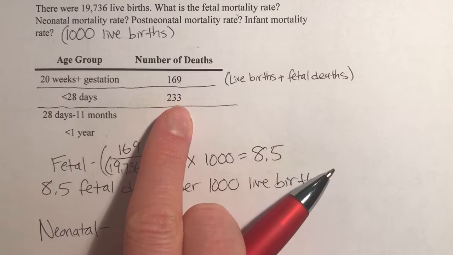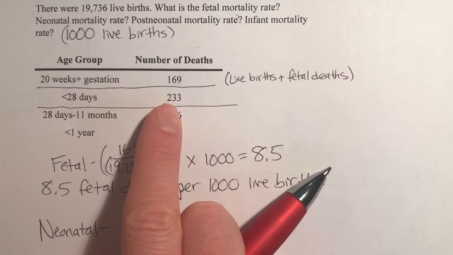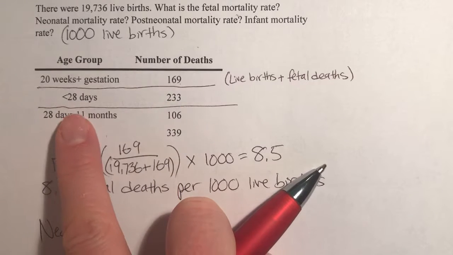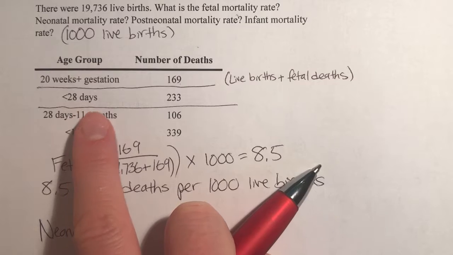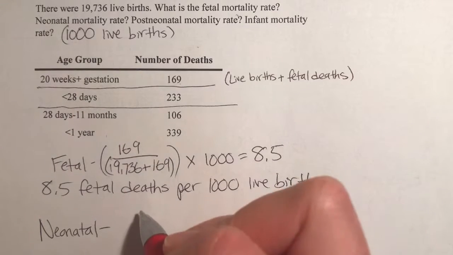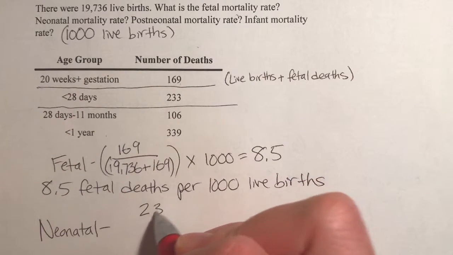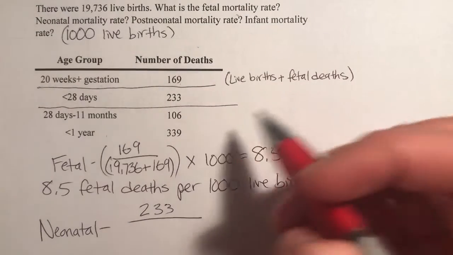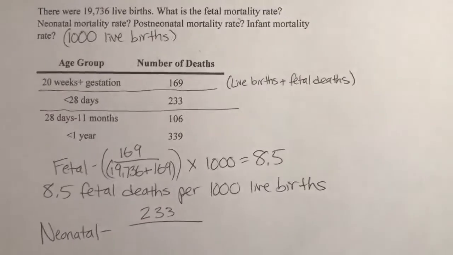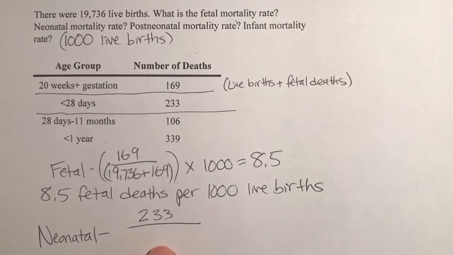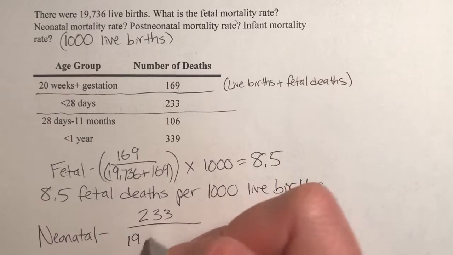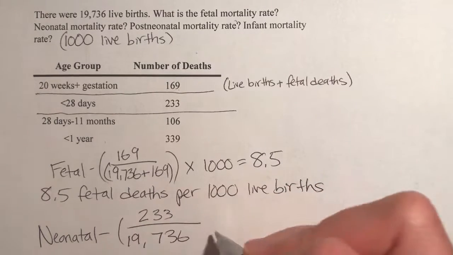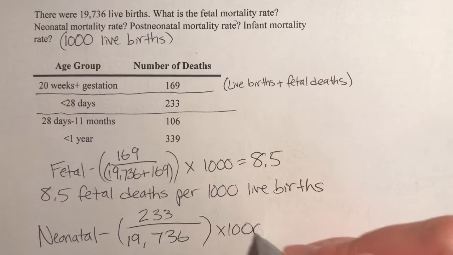From this table, we can see that we have 233 deaths that occurred among infants less than 28 days. So that's going to go as our numerator, 233. Now for the remainder of our calculations, we only use the number of live births in that time period as our denominator. So we're just going to use this 19,736 as our denominator.